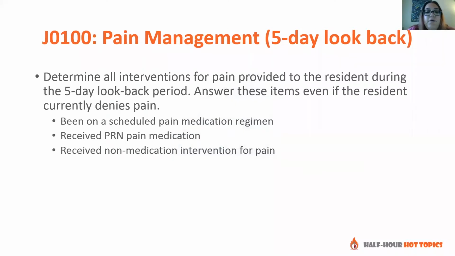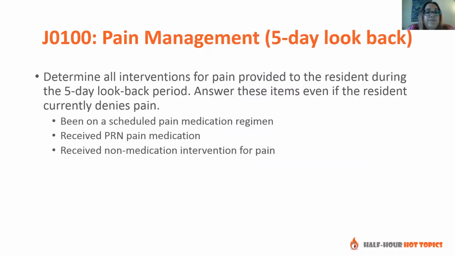So let's look at one of the first questions in Section J of the MDS, and that's J0100, pain management. It is a 5-day look back, and what it does is it determines, does the resident have a scheduled pain medication regimen? Did they receive any PRN as needed pain medication?